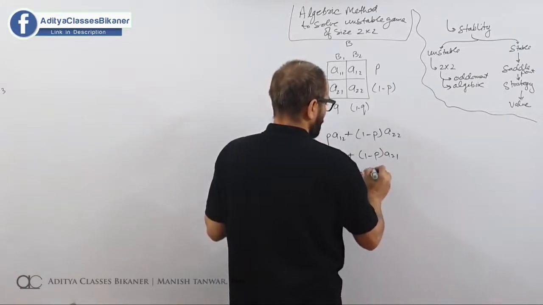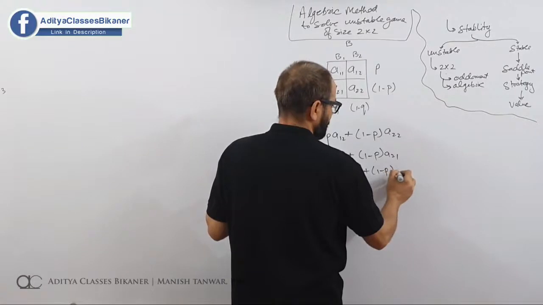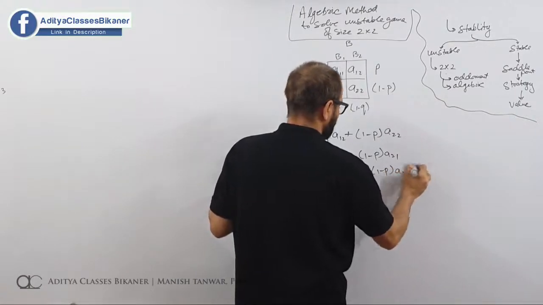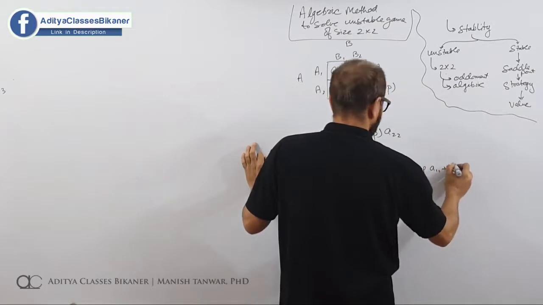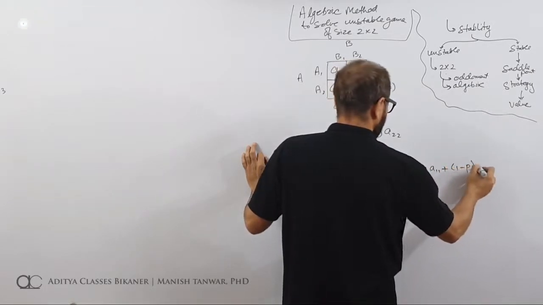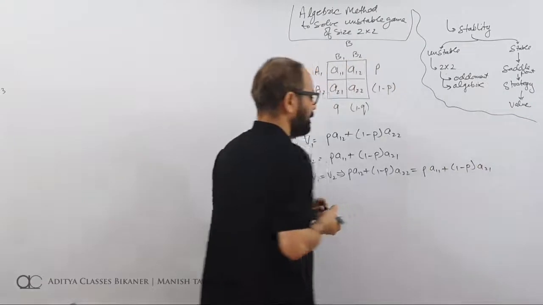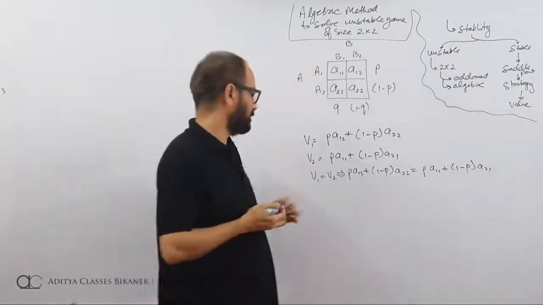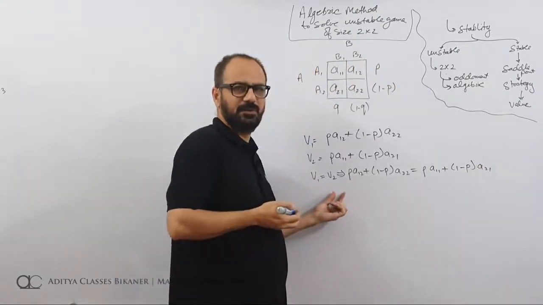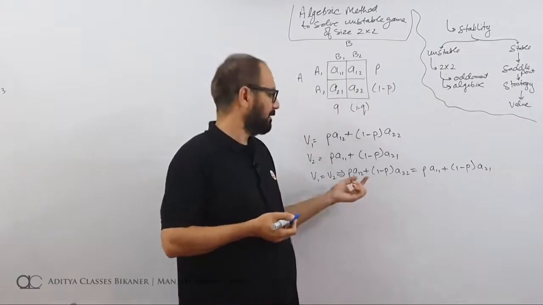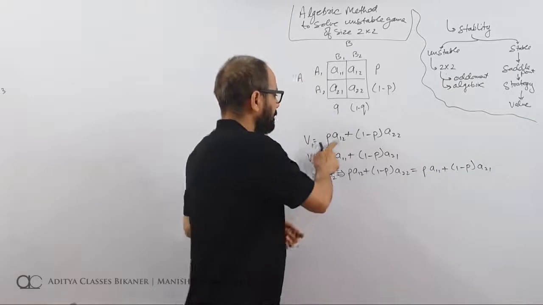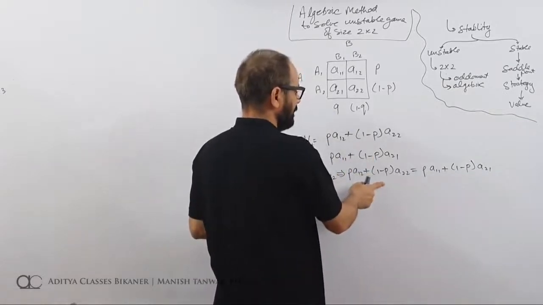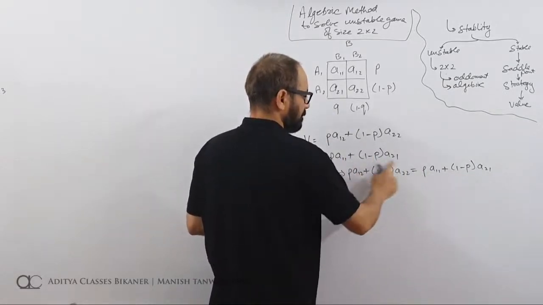P A12 plus 1 minus P A22 is equal to P A11 plus 1 minus P A21. So I have an equation. Because V1 is equal to V2, I equate this equation to the second equation.